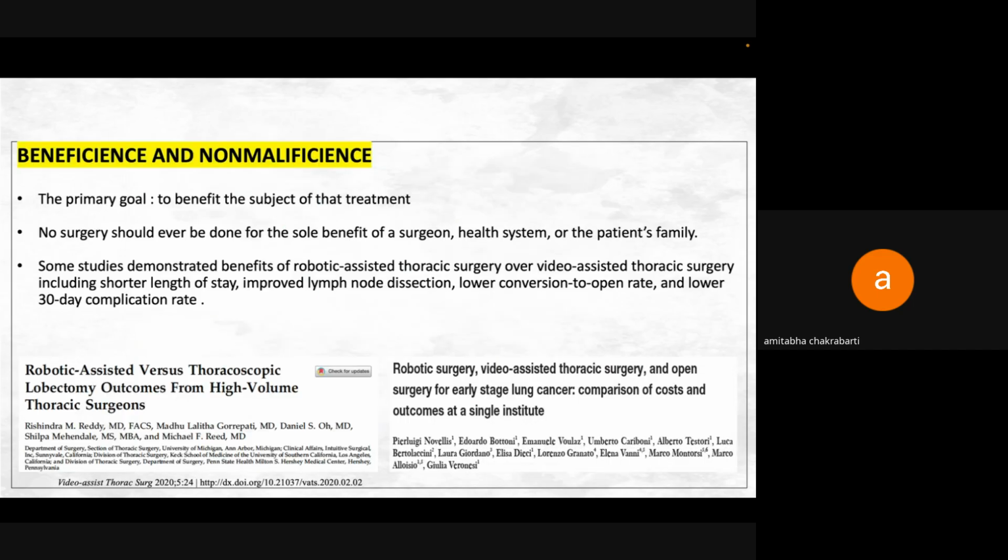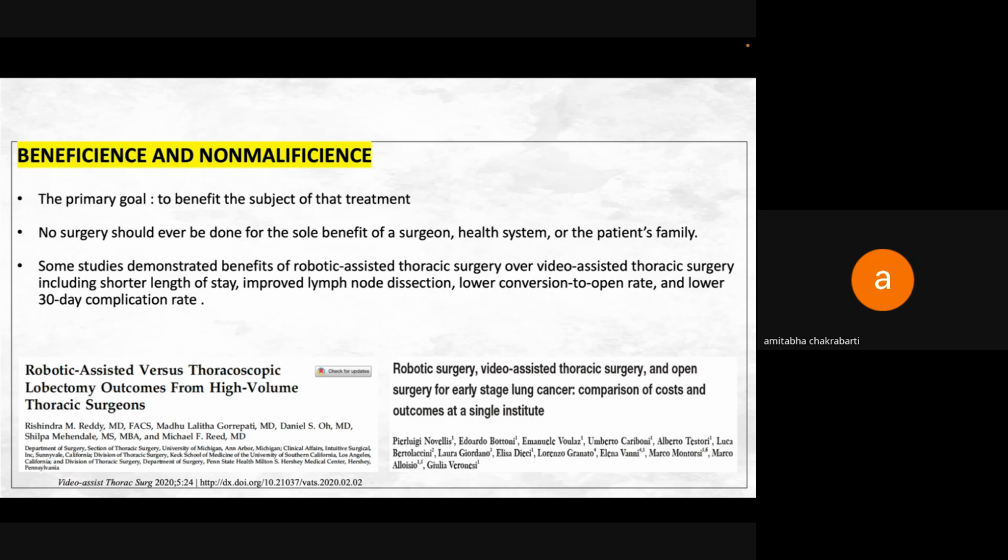Now, beneficence and non-maleficence. The primary goal is to benefit the subject of the treatment. No surgery should ever be done for the sole benefit of a surgeon, health system, or the patient's family. This is very important.